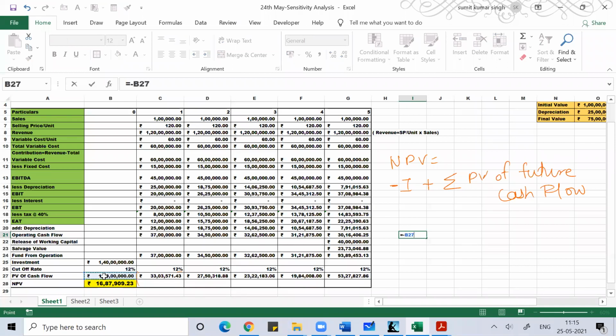Then the remaining things I'll add: plus this, plus these all are my cash flows I'm expecting. Plus this, plus this, plus this.